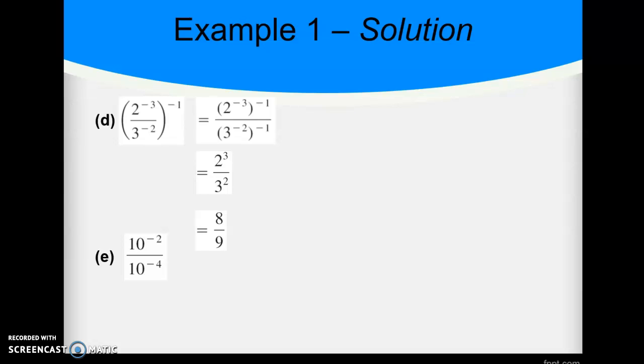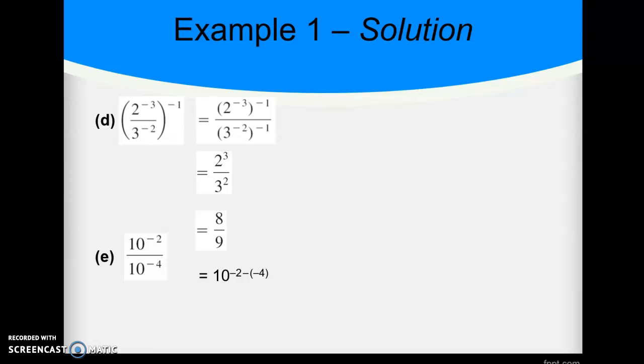If they're on top, they move down. If they're on bottom, they move up. So that 10 to the -2 can move down to the bottom, and it becomes 10 to the +2. And that 10 to the -4 can move up to the top, and that becomes 10 to the +4. So I get 10 to the 4 over 10 to the 2, and that becomes 10 to the 2.